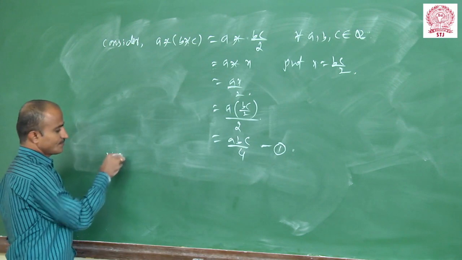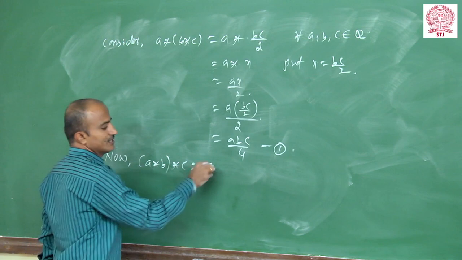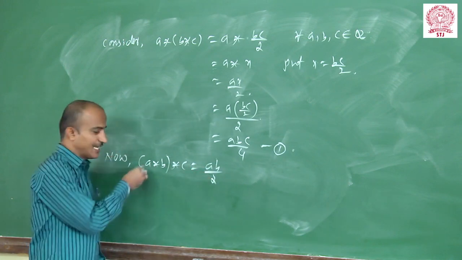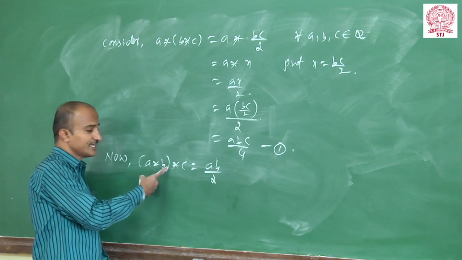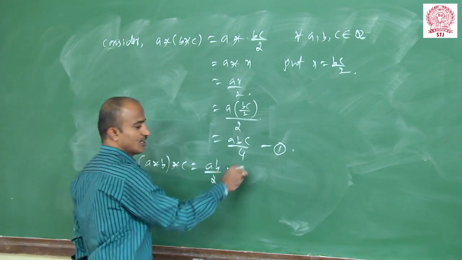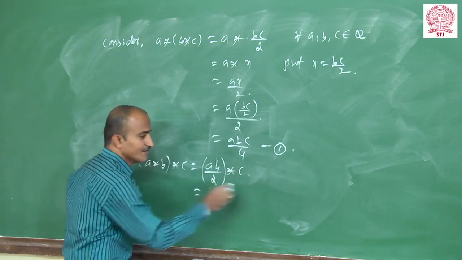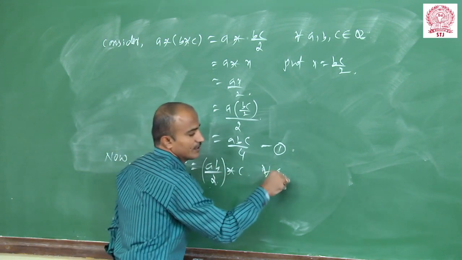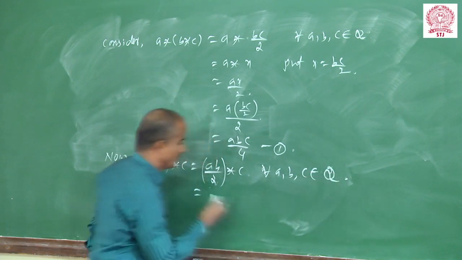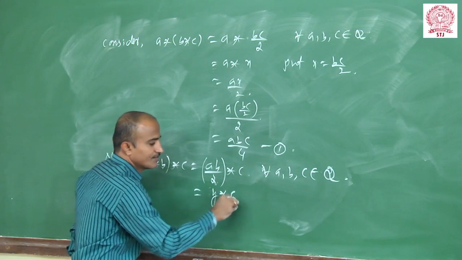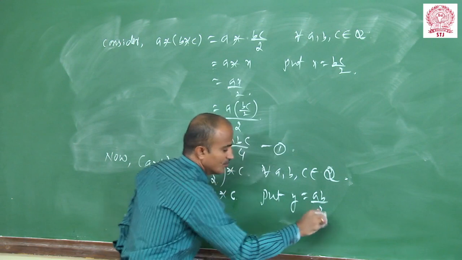Now (A star B) star C is AB by 2 star C. They have only defined A star B as AB by 2. Therefore A star B is AB by 2, star of C. So replace that AB by 2 by Y, for all A, B, C belonging to Q. Y star C, put Y equals AB by 2.